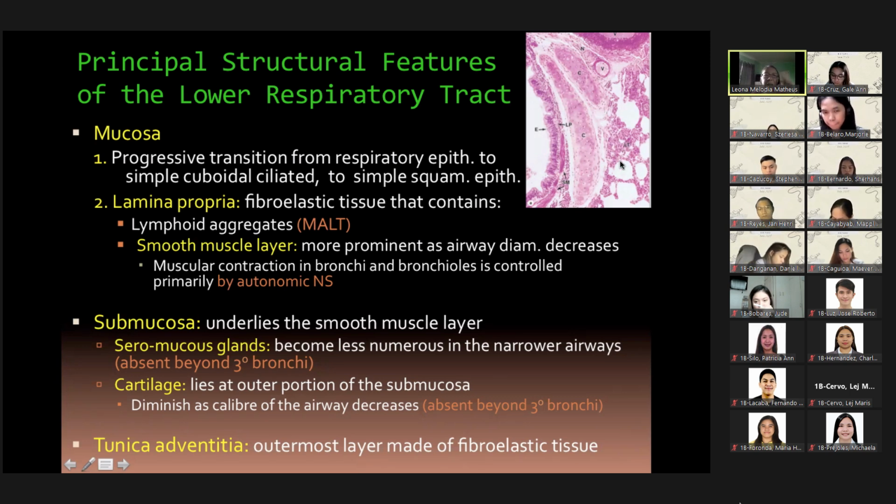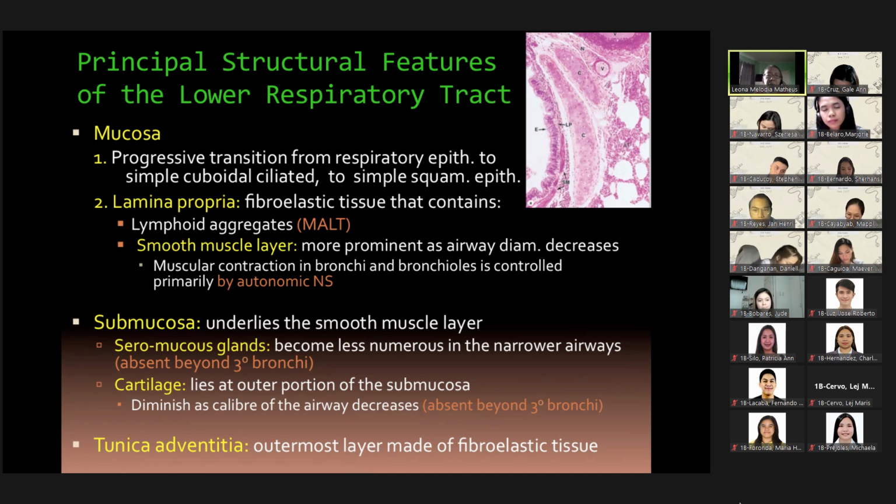So easy lang, 3 layers lang ang tatandaan natin: mucosa, submucosa, and tunica adventitia. You have to remember, what do we find in the mucosa? We find the lining epithelium and your lamina propria. And what do we look for in the submucosa? There are only 2 things also: you look for your glands and your cartilage.